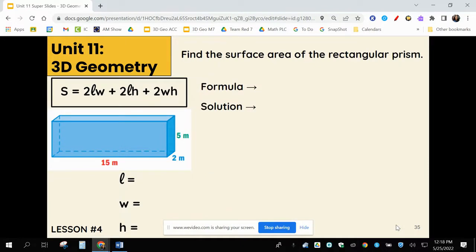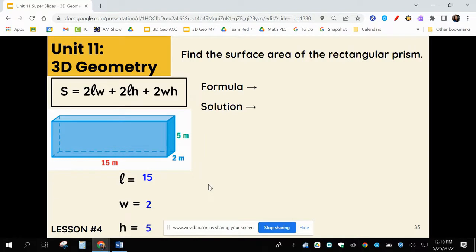All right, so let's do an example problem. It says find the surface area of the rectangular prism. Here's the formula, and the first thing we're going to do is write this down. In the formula, there's a length, a width, and a height. So let's let the length be 15, the width be 2, and the height be 5.